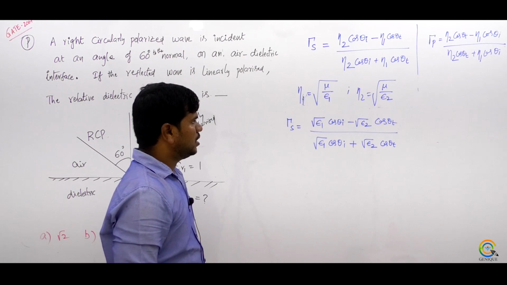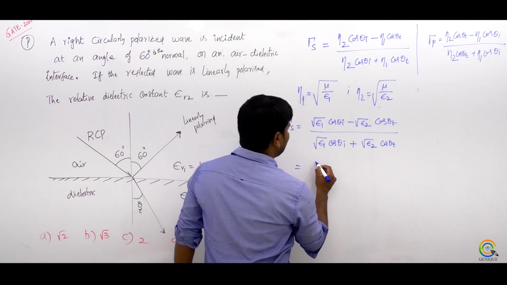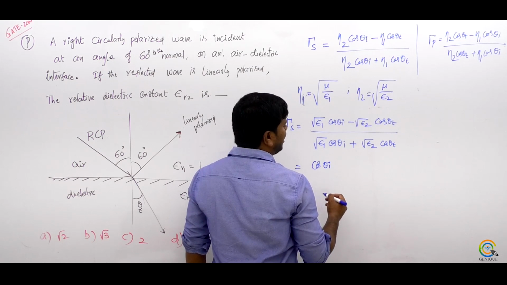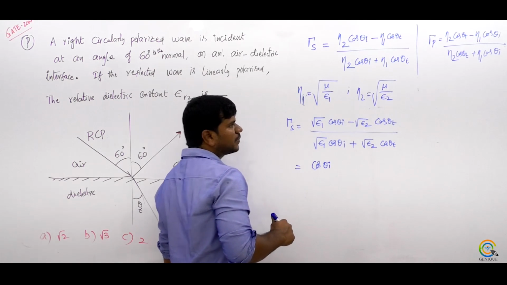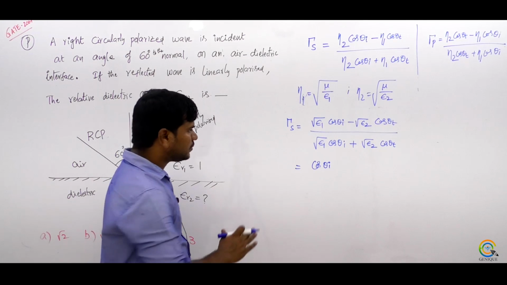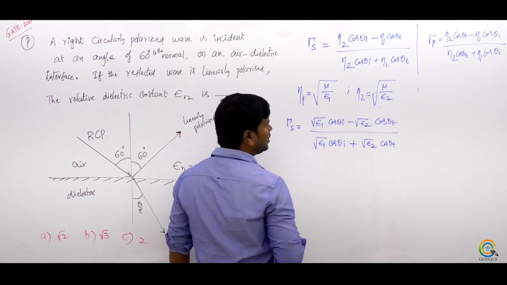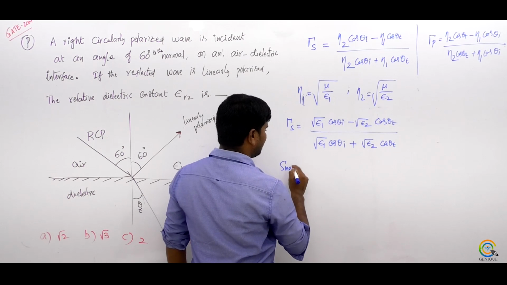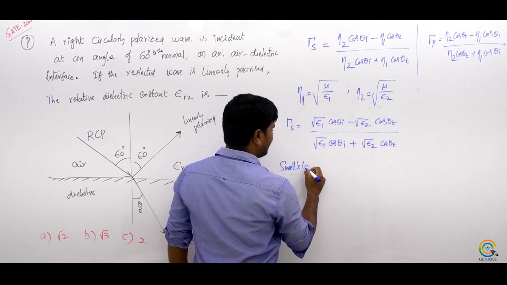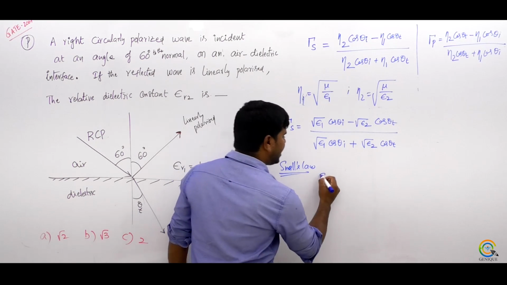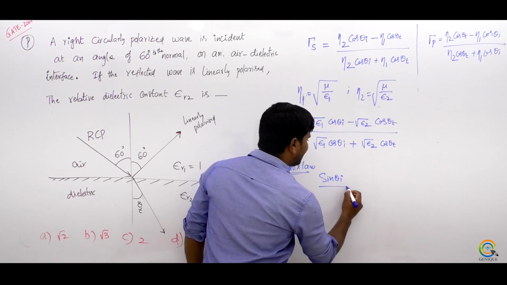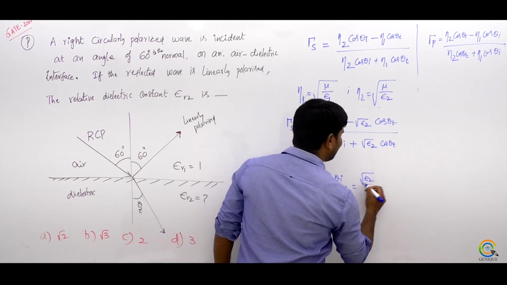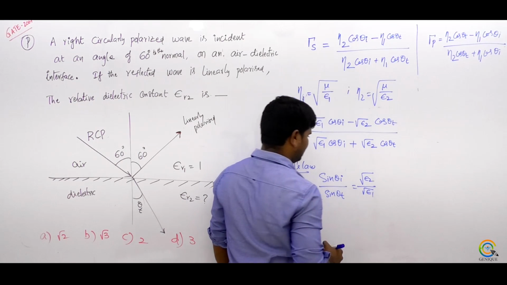From this, what can I write for cos theta t? Using Snell's law, sin theta I divided by sin theta t is equal to root epsilon 2 divided by root epsilon 1.